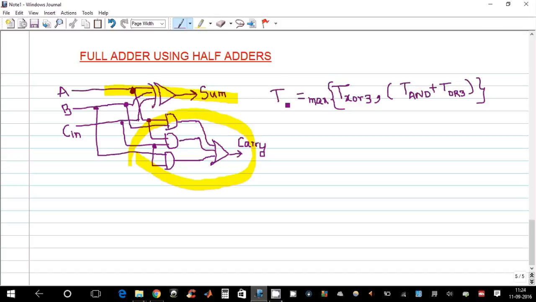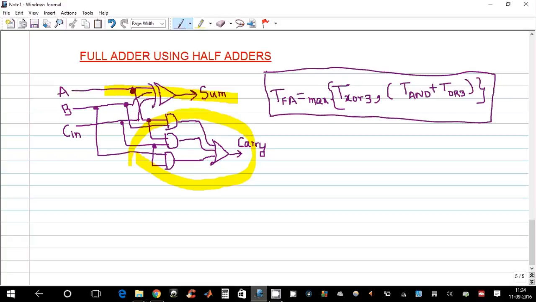Let's call this TFA. Generally we are assuming that the delay of the 3 input XOR gate will be lesser when compared to this. So you can ignore this, and this will be our critical path delay. So this is our delay expression for the full adder module. We will be using this in later sections.